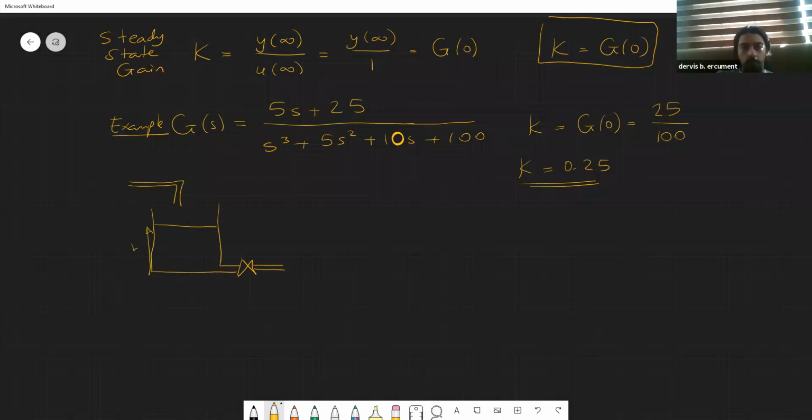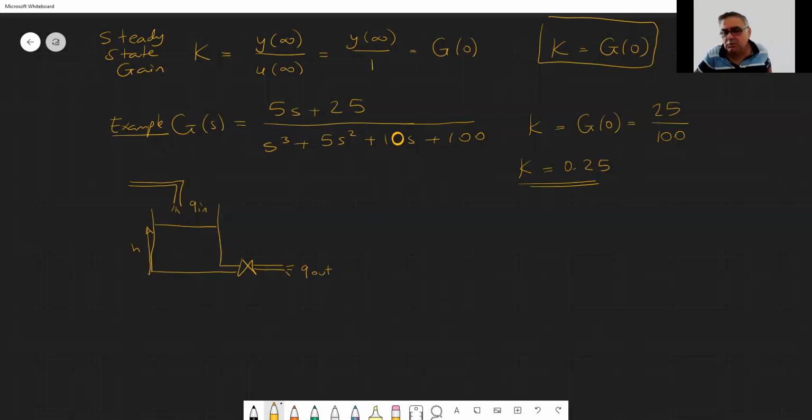Hocam, yes. This K that we found, this is only applicable for when the input is a step input, right? No, it's a property of the system. It is general, when things settle down eventually, for any kind of input, this is true. Well, it is only true when things have settled down.